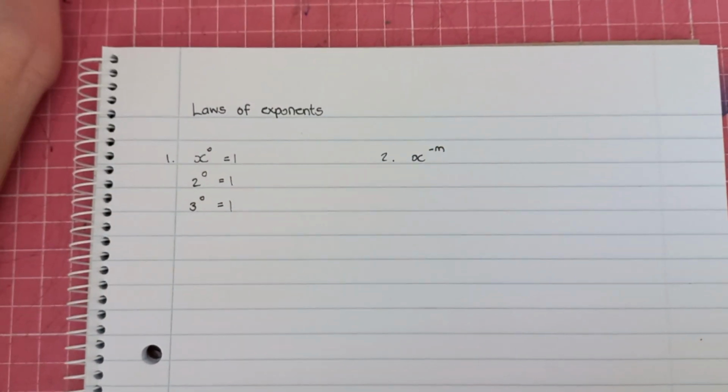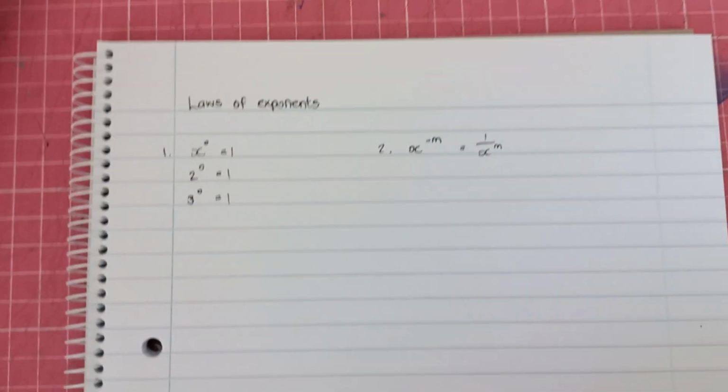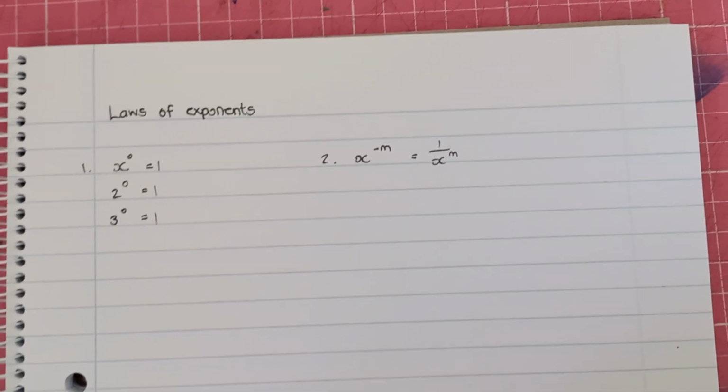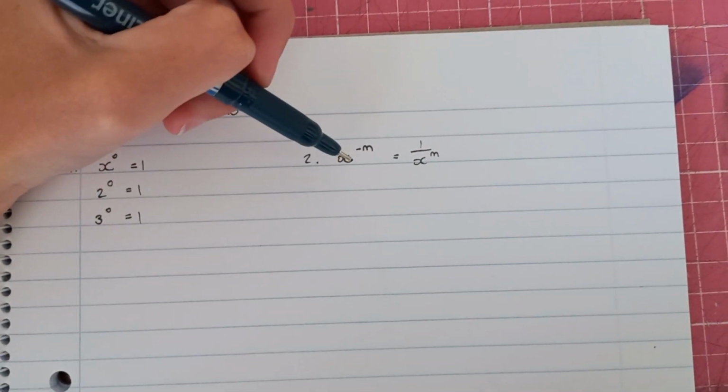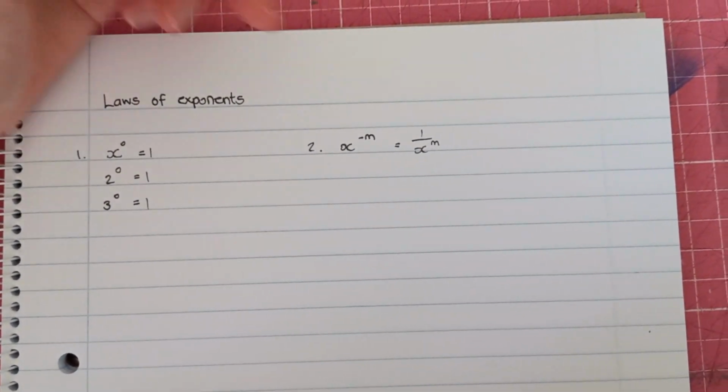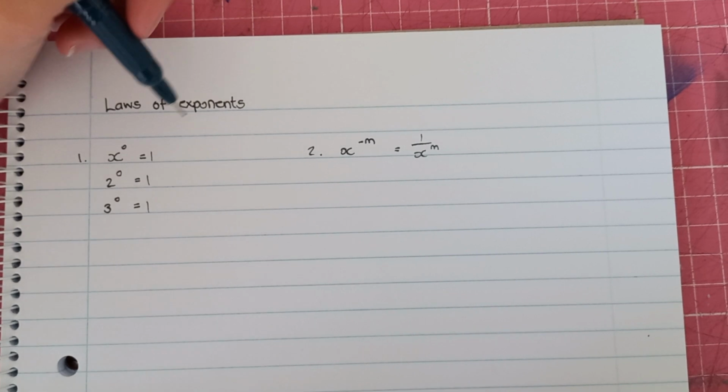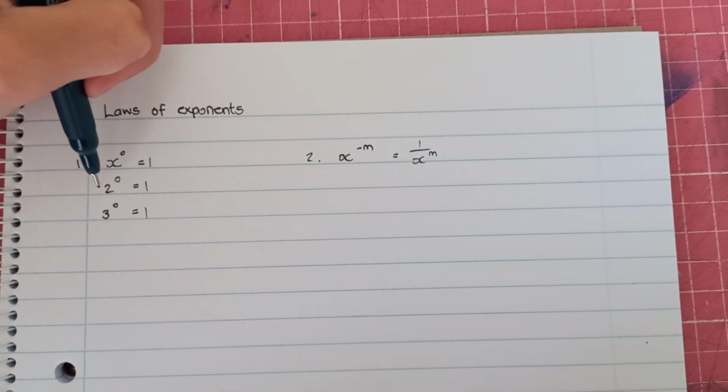The second law is that x to the power of negative m will give you 1 over x to the power of m, okay? So a fraction. So basically, before I actually continue, these are all reversible. So 1 can become anything to the power of 0.